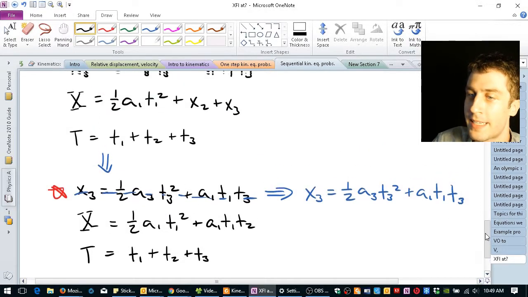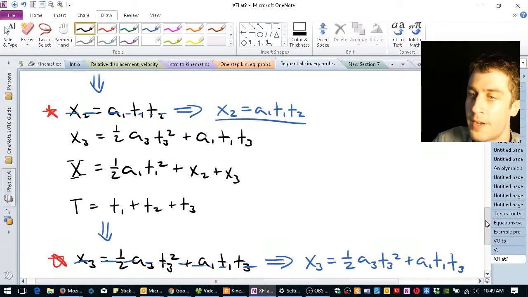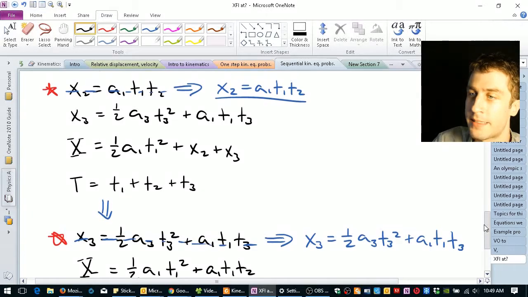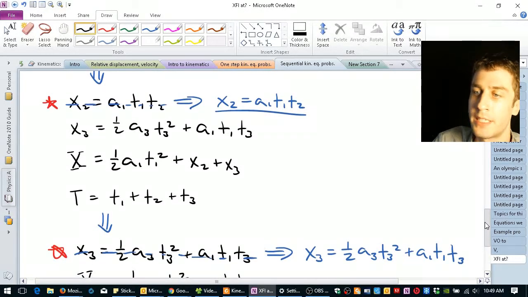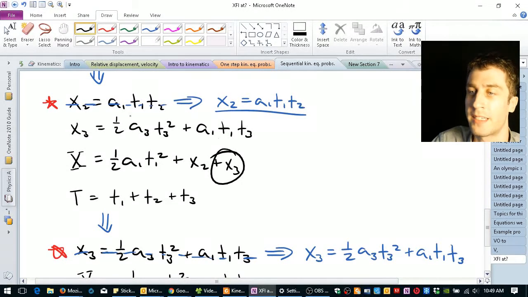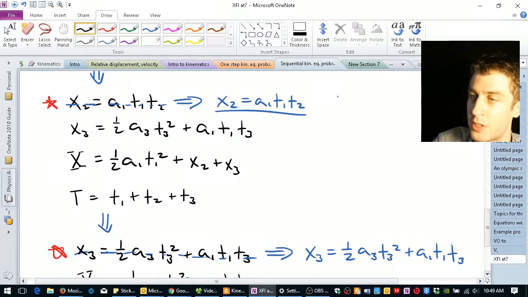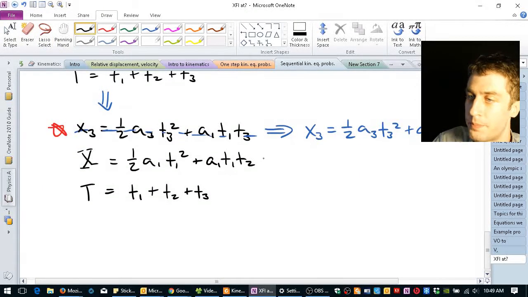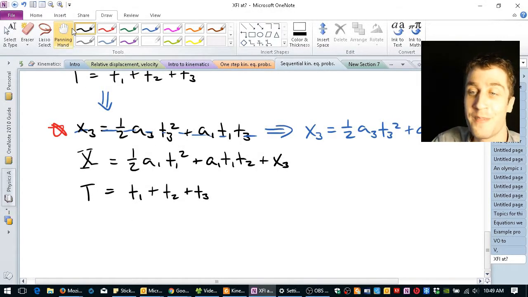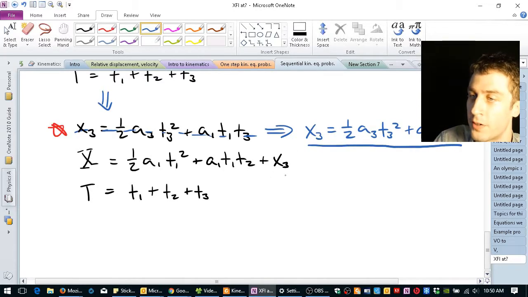So capital X I had was 1/2 a1 t1 squared plus x2, which was a1 t1 t2, and then I dropped this x3 term. So go ahead and change that in your notes. Plus x3. Okay. If I didn't have that in there, I wouldn't have any place to substitute in this x3, which we just solved for. So I need to substitute it in right there.